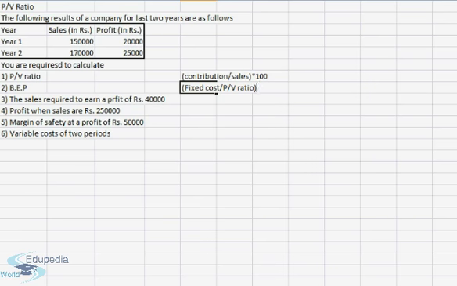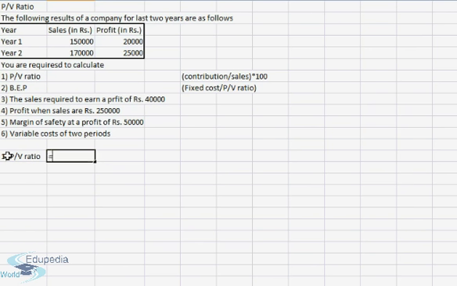So let us now go along with our problem and solve it. The first thing we need to calculate is the profit to volume ratio. So we write PV ratio, and here we are provided with the data for 2 years.